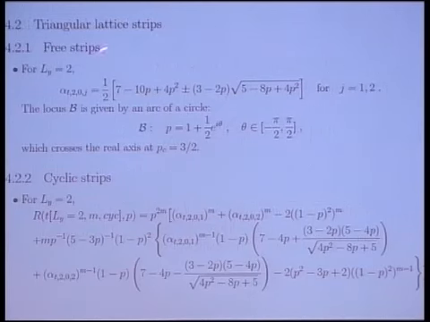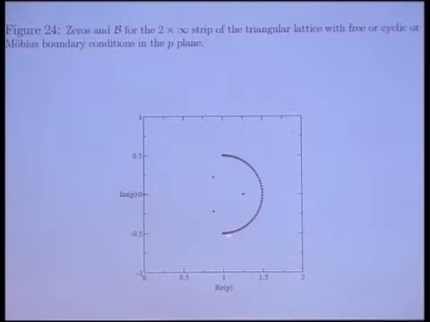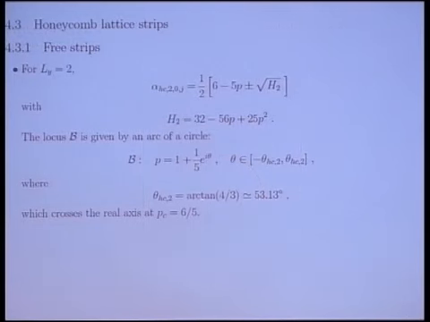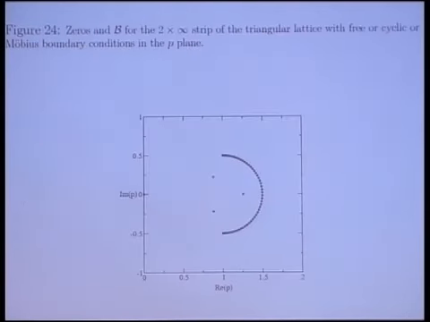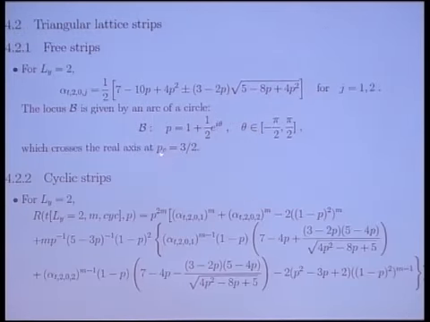Okay. So for the triangular lattice, we found that for the smallest width, Ly equal to 2, this locus B is given as shown here in this figure, and the crossing of this locus is at p equal to 3, which is what we expect for the two-dimensional lattice.